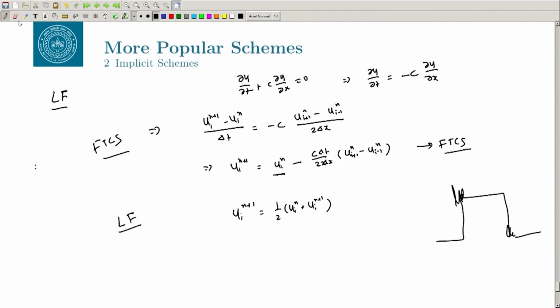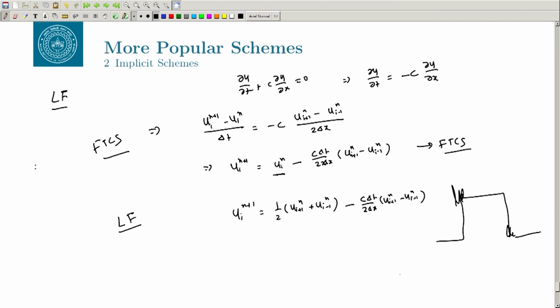The time stage remains the same. So, this is basically half of u i plus 1 n plus u i minus 1 n, minus C delta t by 2 delta x times u i plus 1 n minus u i minus 1 n.